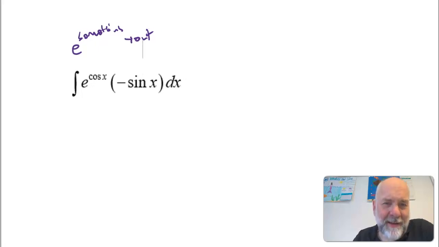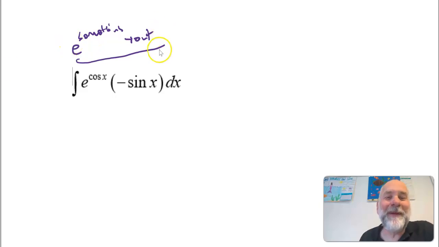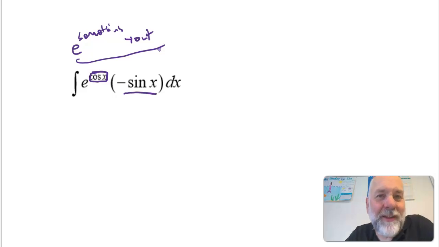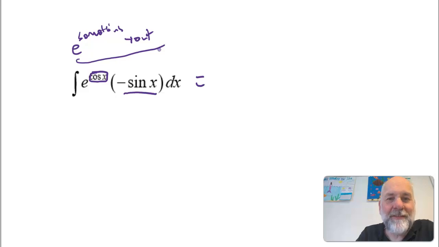I was trying to read my own handwriting. Sorry, it's surface pen. E to the something is my outside function. This is my inside function. The derivative of the inside is already there. So my answer, derivative of the inside already there, check.